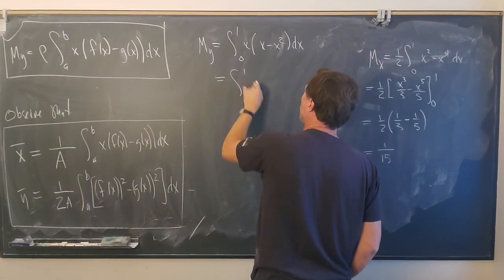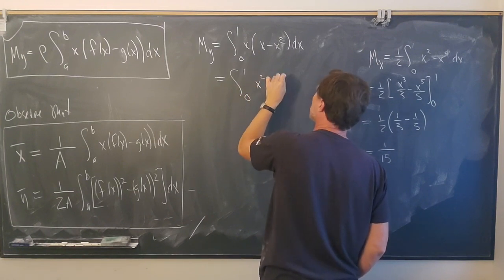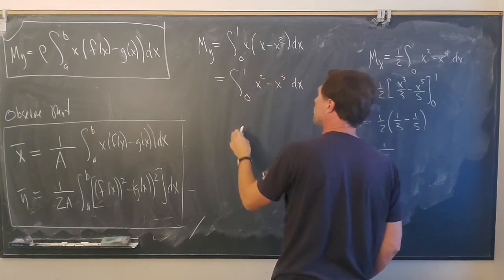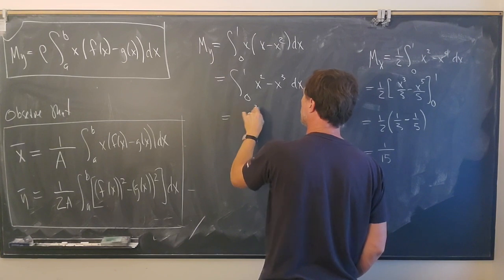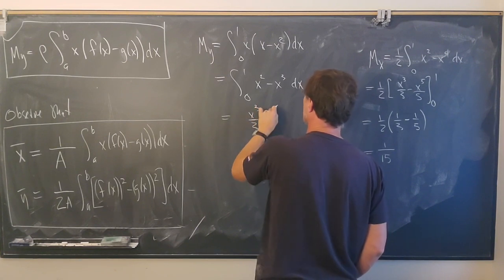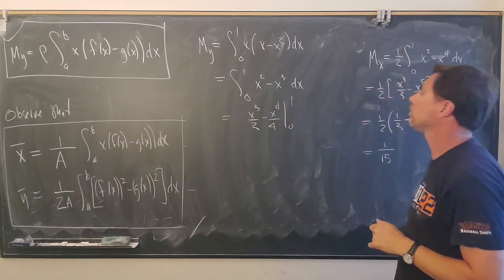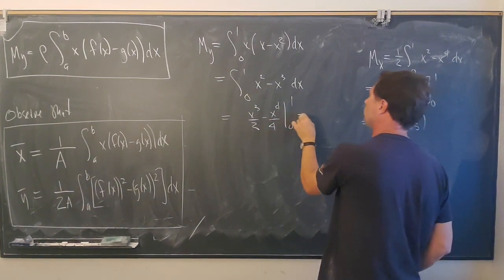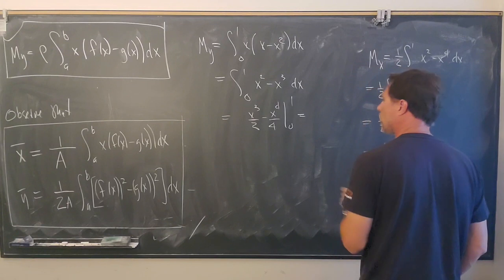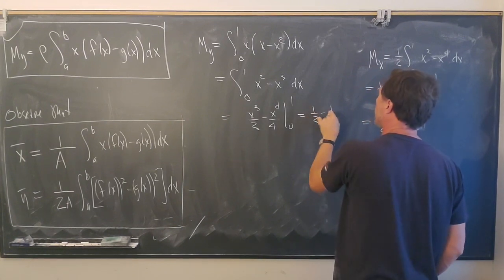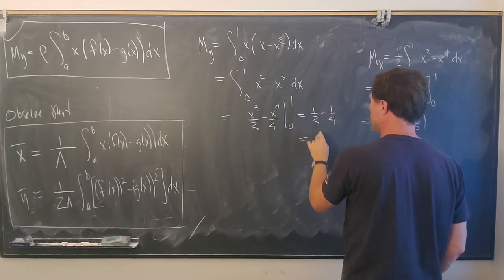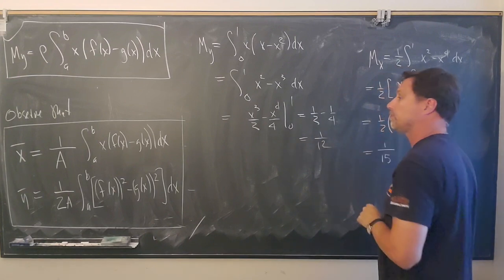So the integral from 0 to 1 of x squared minus x cubed dx, which is x cubed over 3 minus x to the 4th over 4, going from 0 to 1. That's equal to 1/3 minus 1/4, which is 1/12.